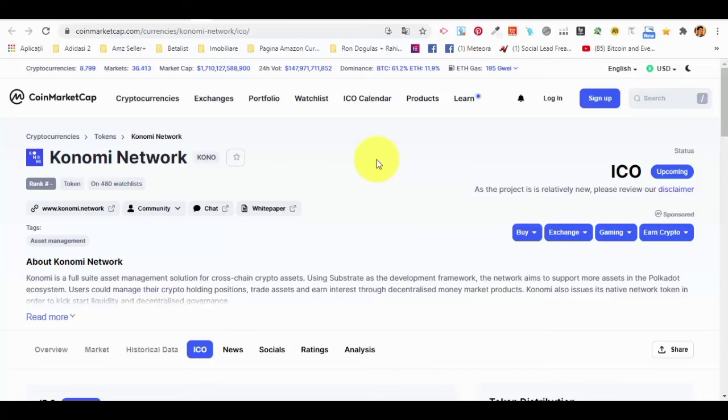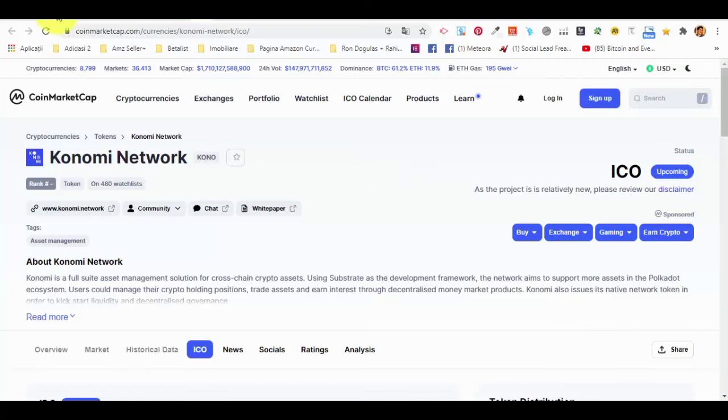You need to look at everything: the project, the team, the partnerships, and so on, in order to take a decent decision regarding investing in that ICO or not. And it's still a risk. On the other hand, obviously the return on the investment can be very high in a relatively short period of time.